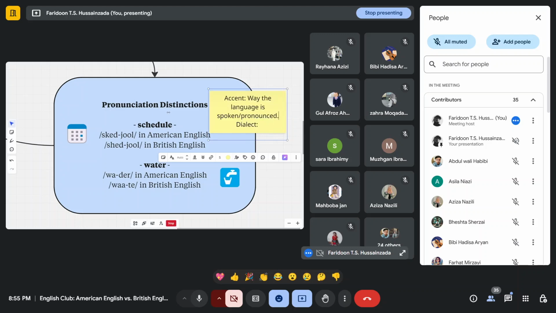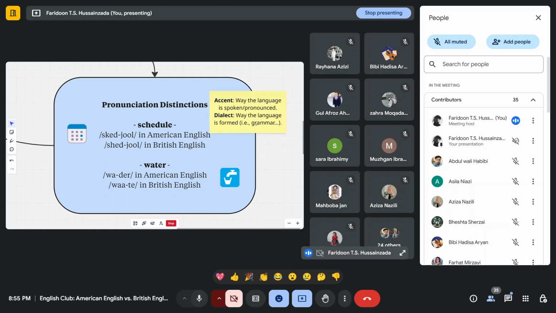Okay, that's it. And dialect is the way the language is formed. I'm going to write "formed," and then inside parentheses, I'm going to say that is grammar and other vocabulary differences. Okay, so that is a dialect difference, you could say, and accent is the way it is spoken.